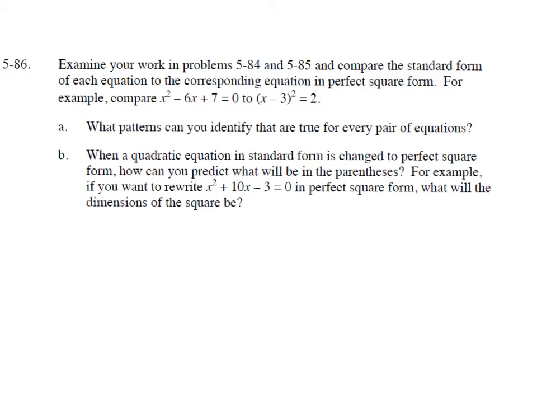What patterns can you identify? From x squared minus 6x plus 7 equals 0 to its equivalent form, x minus 3 squared equals 2, what patterns are you noticing? And does that pattern work for all of your problems that you've done so far in 84 and 85? I'll have your teacher pause it for a minute so you can investigate that with your team.